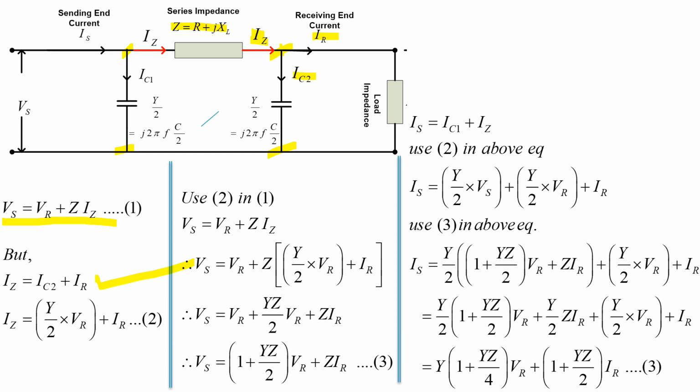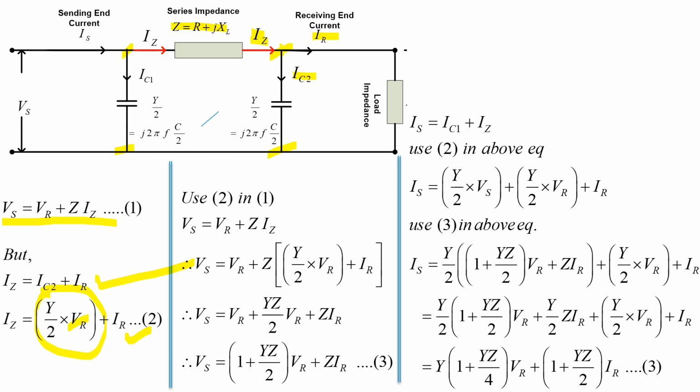Now IC2, again I am repeating, IC is a charging current, and it can be found with the expression IC is equal to Y into V. Here Y is Y by 2, and the voltage applied across it is VR, because this is connected across VR. So IC2 is represented by this component. Hence this is my expression of Iz.